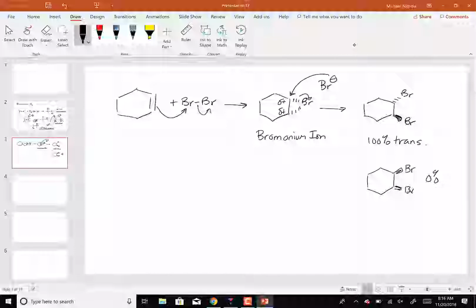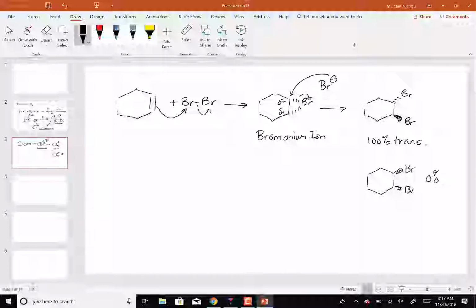So in this case, do I have more than one possible product? Yes. Are they stereoisomers? Yes. What kind of stereoisomers are they? They're diastereomers because one carbon has the same configuration and the other carbon has the opposite configuration.